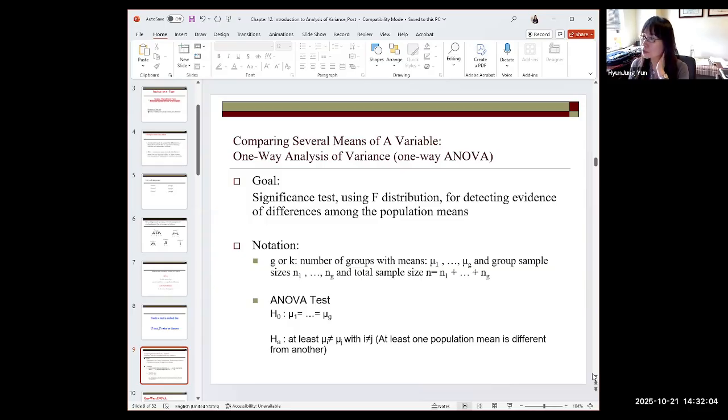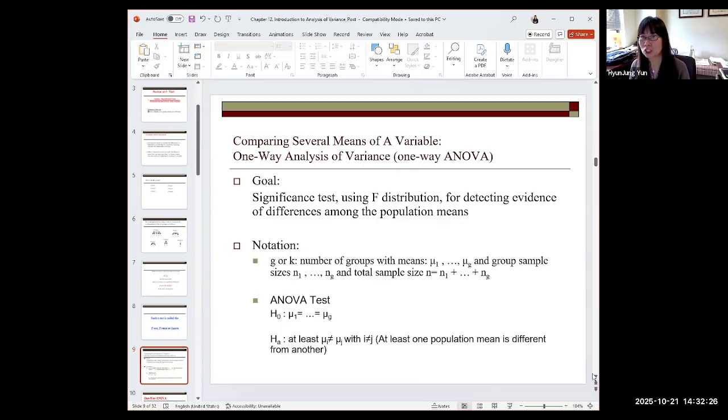Some statistical notation is universal and identical across different textbooks. Here, when I say G or K, it is used as the notation for the number of groups.